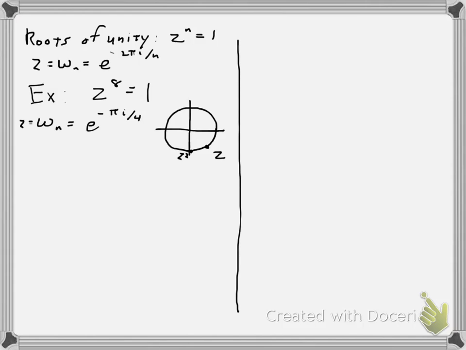Continuing in this fashion, here is z cubed. So z cubed is here in the third quadrant. z to the 4th is now on the real axis, here. z to the 5th. z to the 6th.